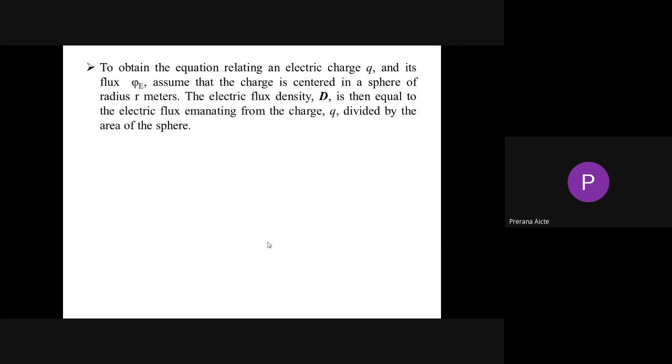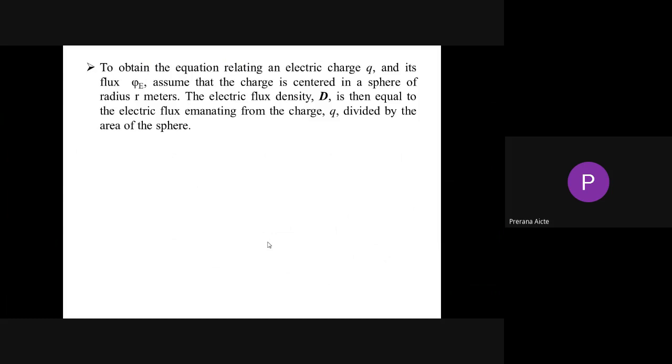So assume that the charge is concentrated in a sphere of radius r. Then the electric flux density is equal to the electric flux emanating from the charge Q divided by the area of the sphere. So D is equal to Q divided by the area of the sphere.